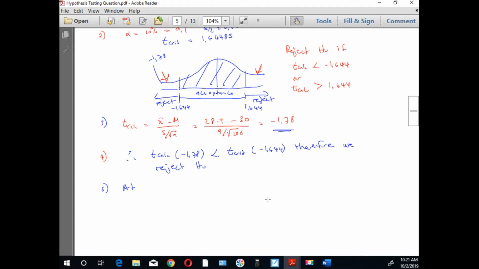At 10% significance level, the average battery life is not equal to 30 months.